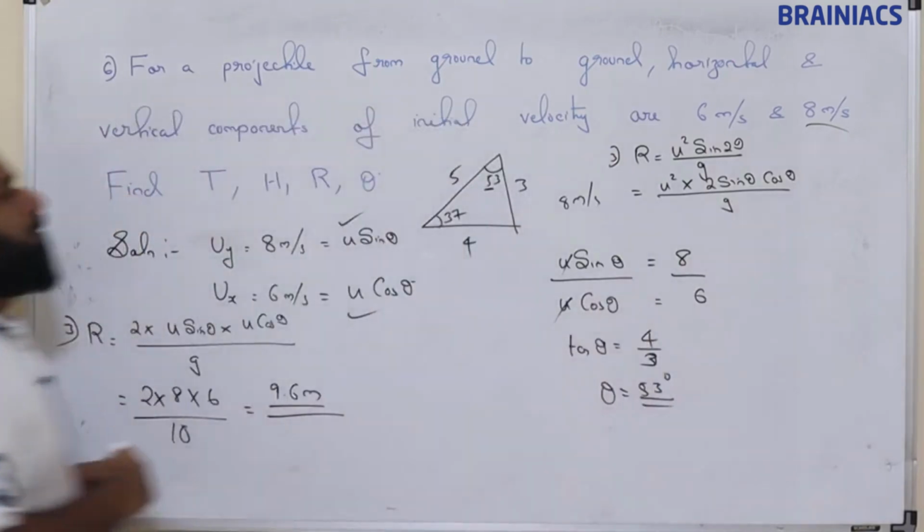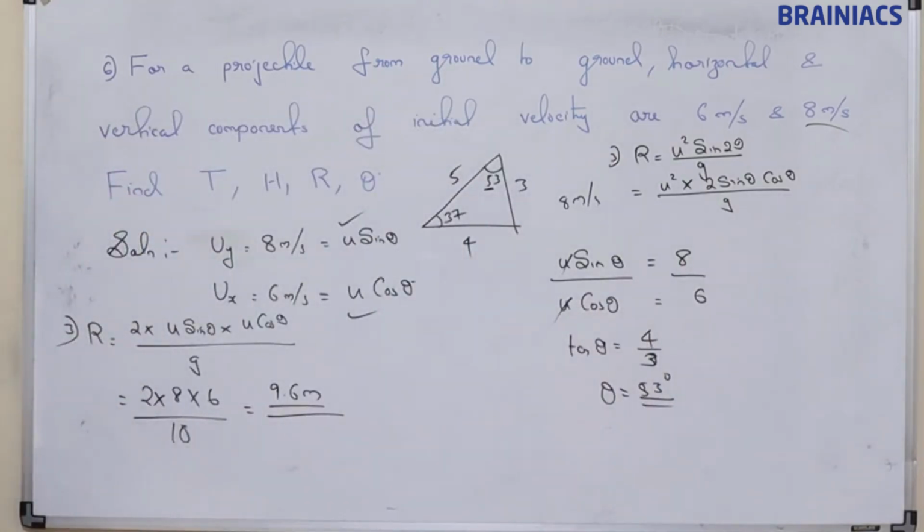Clear? So we just got the data of initial vertical and horizontal velocity, but from that we found everything. Time of flight, range, everything we got.